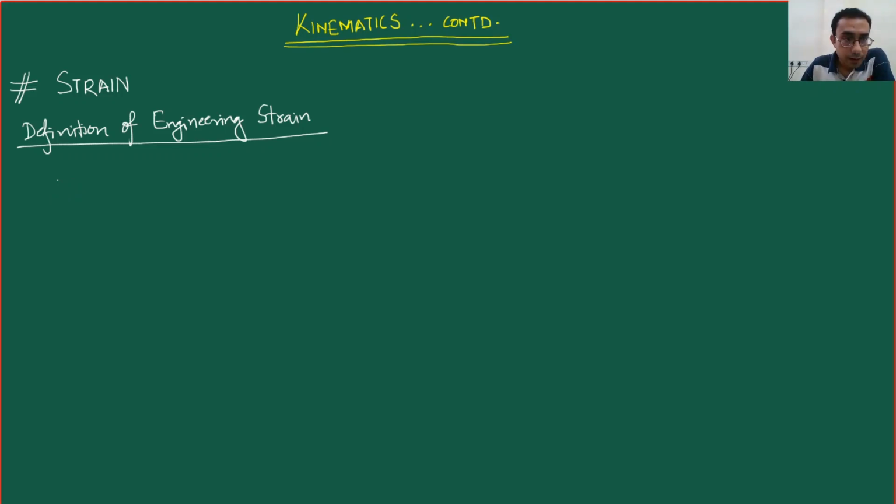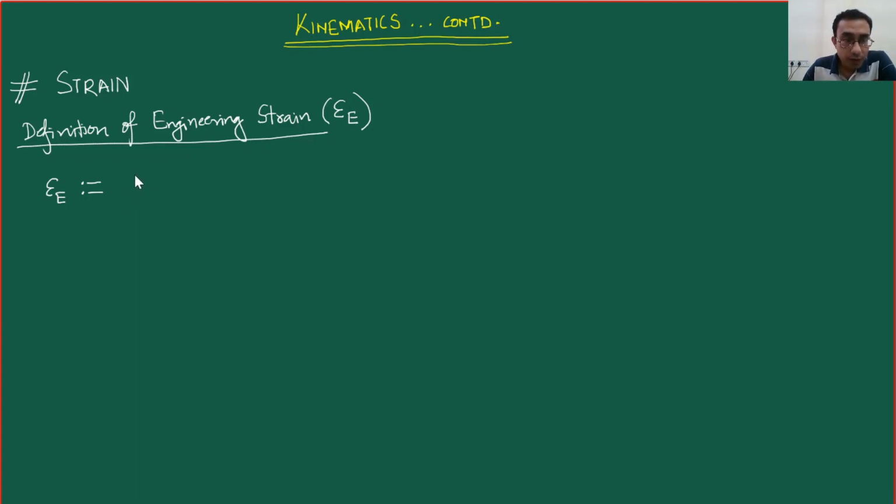So the engineering strain will be depicted by this symbol epsilon E. This is our symbol for engineering strain, and just as we had used this particular symbol for definition earlier in the context of the displacement vector, we'll again use it here. So this stands for the definition, the colon in front of the equal to sign.